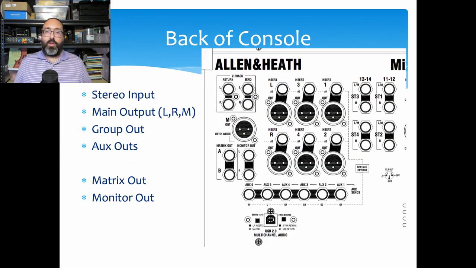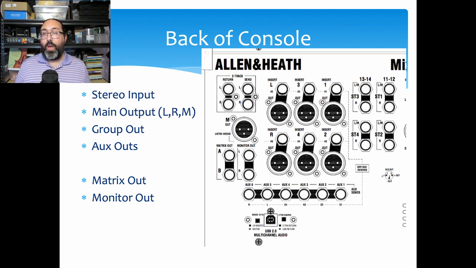Moving to the output side of the back of the console, it does have a little bit of an input side. If you look on the very right of this diagram, you will see those stereo input channels. What's kind of interesting about this console is it has dual input channels that you can select for which fader.